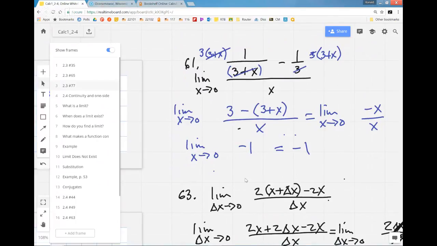I multiplied by 3 times 3 plus x. I got 3 minus 3 plus x. Yeah, I think I'm going to have to follow up with whoever sent me that email. It doesn't look like I did anything wrong here. I will have to follow up with you on that one. All right, so let's go back now.